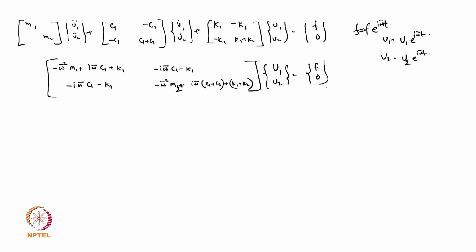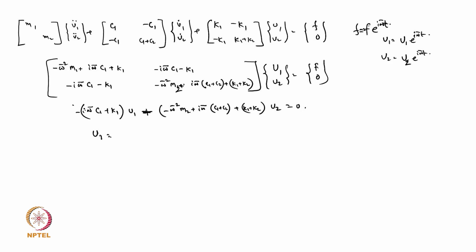If I just take the last row of the equation, what can I get? Minus (i omega bar c1 plus k1) u1 plus the bracket of minus omega bar square (m1 plus m2) plus i omega bar (c1 plus c2) plus (k1 plus k2) into u2 is equal to 0. Okay, so what is my u1?